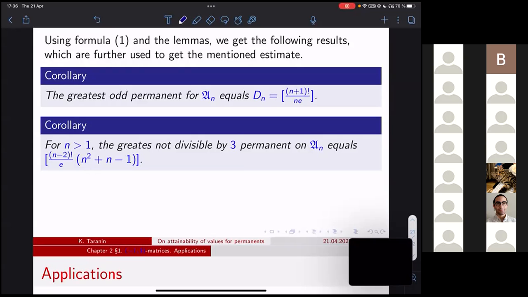Then you obtain a distribution of permanents. The question is whether this distribution has a limit as n goes to infinity. I guess it is also an open question.